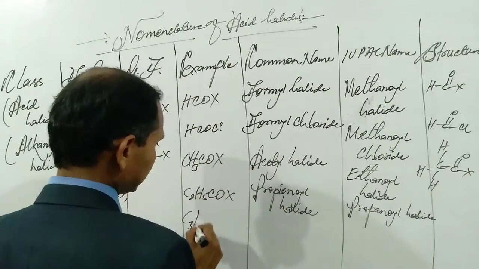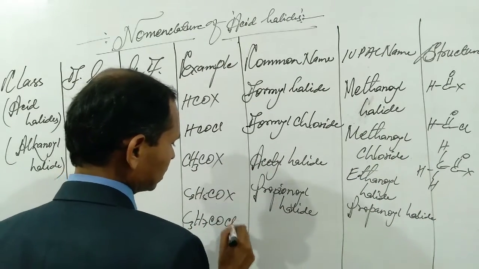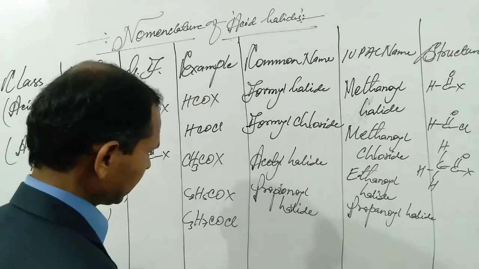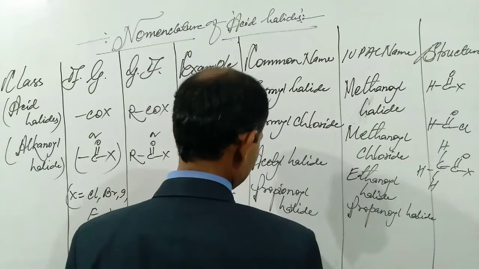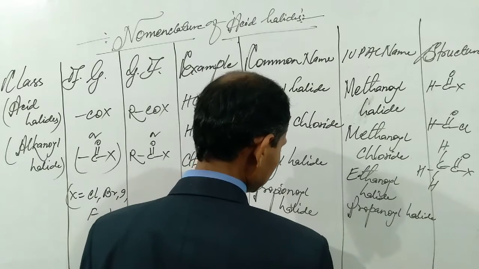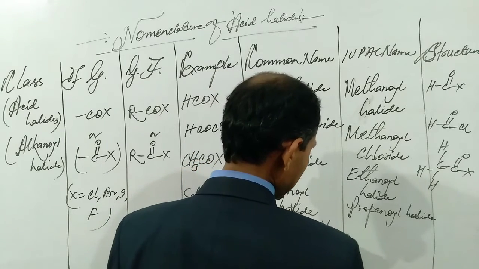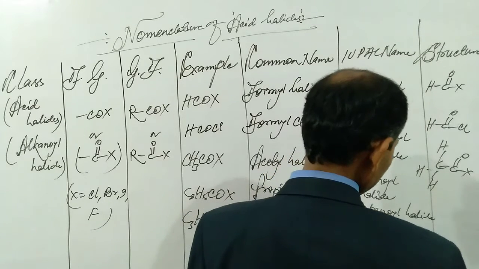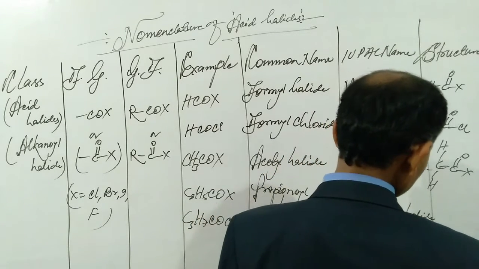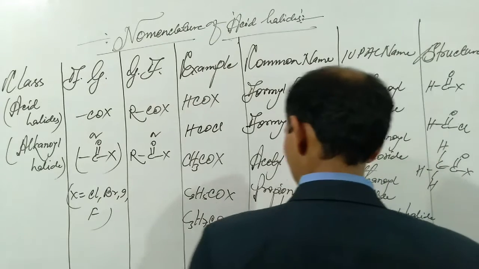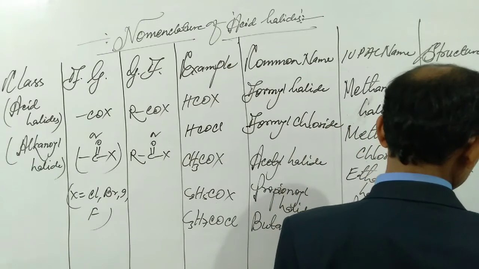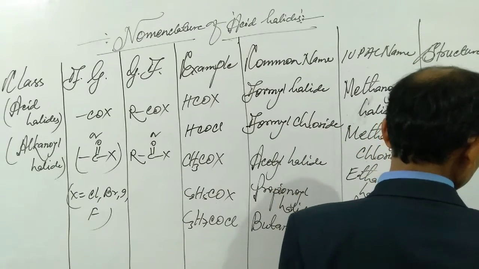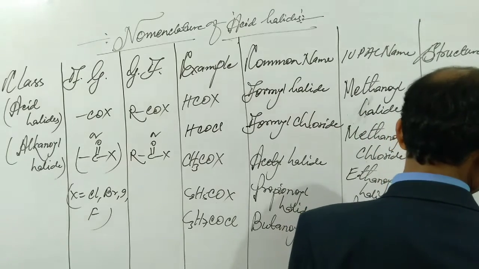In case C3H7COCl is taken, then the name will be butanoyl chloride. This is for butanoyl chloride, and the structure will be like that.